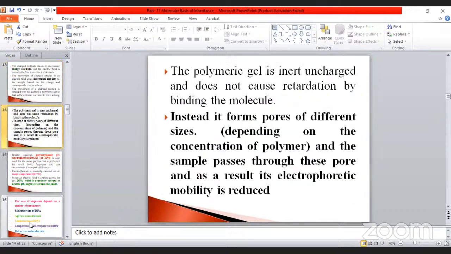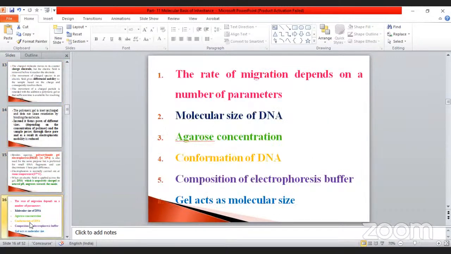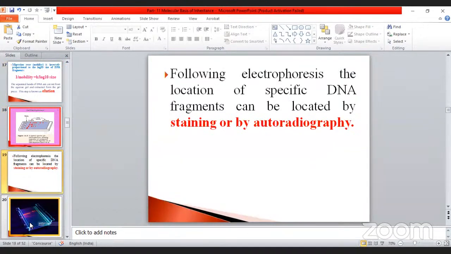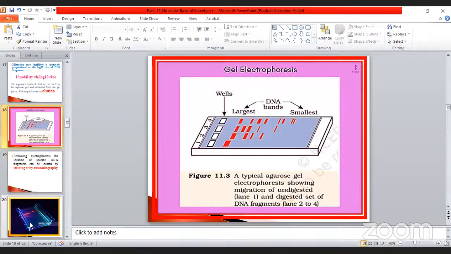That staining process, what is it? Ethidium bromide. When you spray the ethidium bromide, the DNA fragments can easily be visible. Then it may be examined under X-rays. The color will be cherry red or orange.